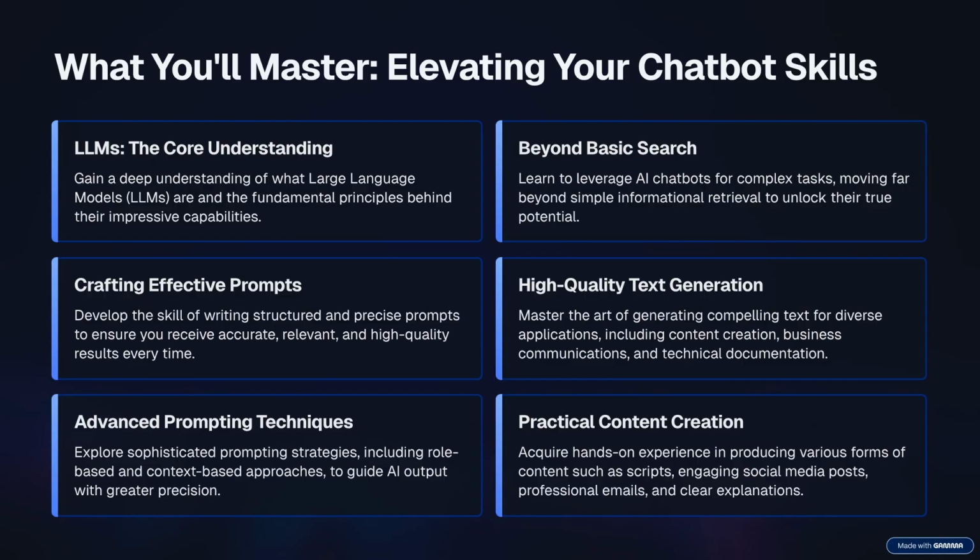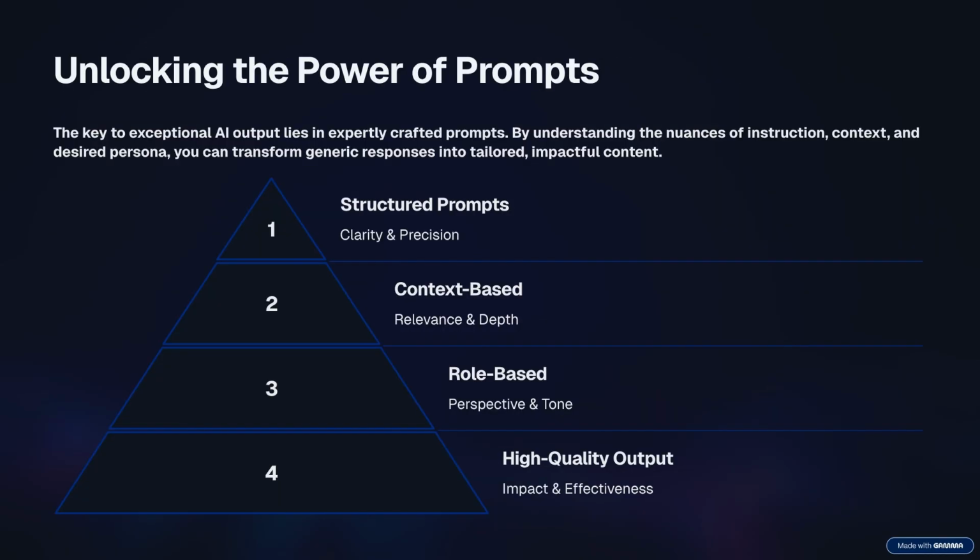This part is very crucial because you need to know exactly what you are dealing with and how best to do it in such a way that it will give you the results that you're looking for. Now let's dive right into prompts, unlocking the power of prompts. Remember, I said you can't skip this part.